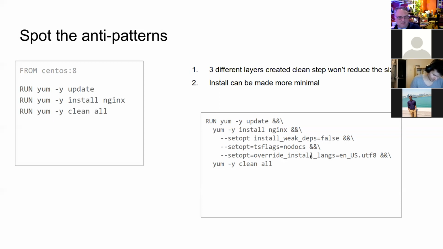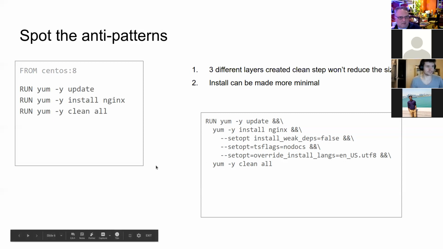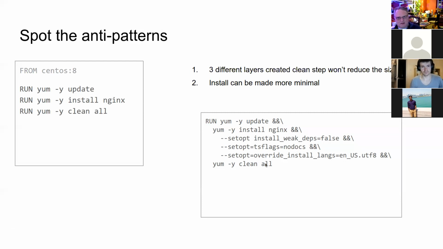And this one says only install the language pack for US English. So sorry, your application may not be visible in French or whatever, but that's probably not a problem. And then at the end, clean, and that's all run as a single step in the Docker build, and so it's a single layer. And so the clean does have an effect now.